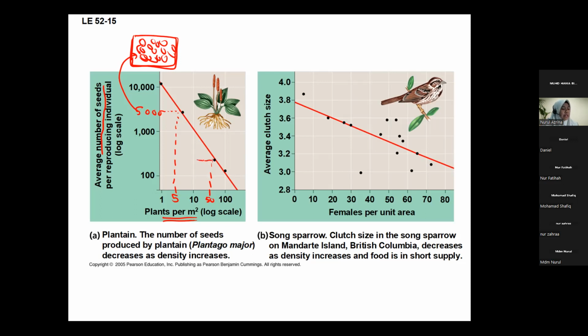So the number of seed produced by the plant reduce. Dalam berapa tu? Maybe 500 contohnya, 500. Nampak tak? So that is the effect of resources towards the average number of seeds produced. Okay, so that is example. Okay, next, the song sparrow. This is average clutch size. Average clutch size means the number of offspring.